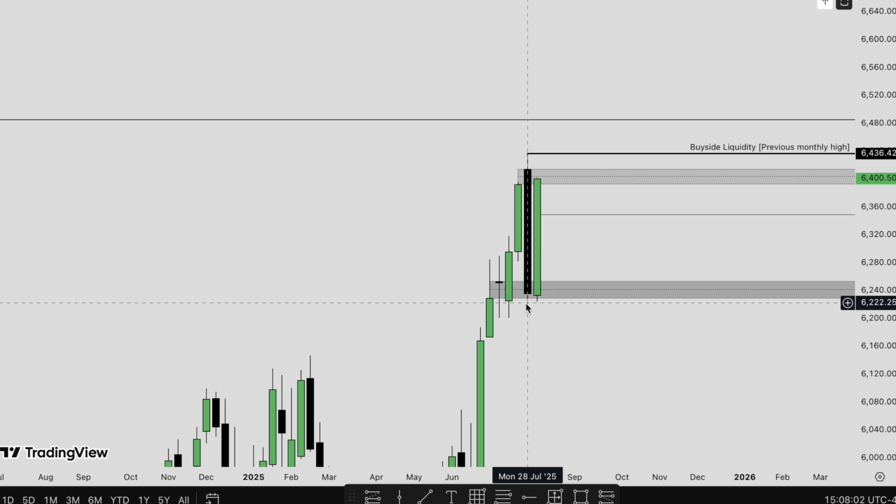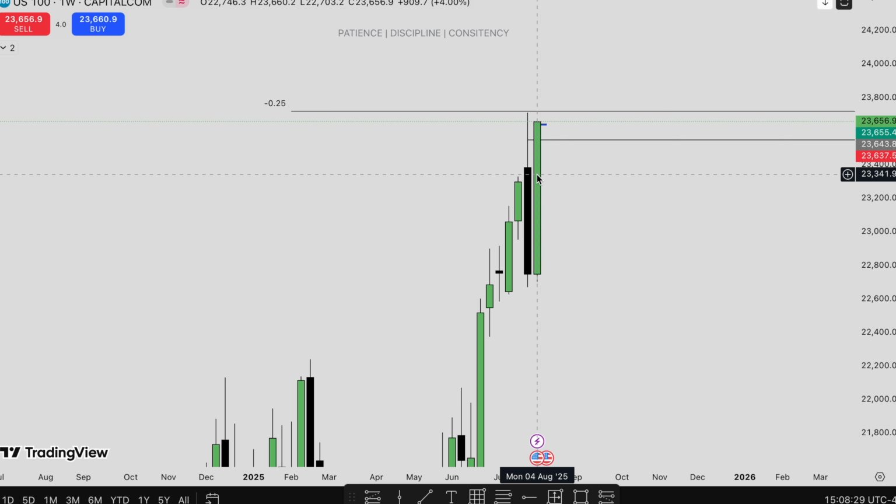Price retraced into it, respected it, and then we drew for this old new day opening gap that I've marked here. We are currently within it, but it was my draw on liquidity, same as the previous monthly high, which is actually the previous weekly high.